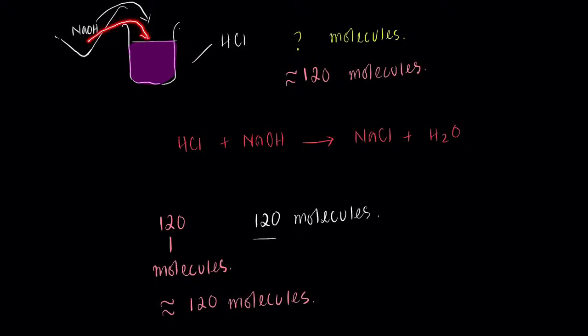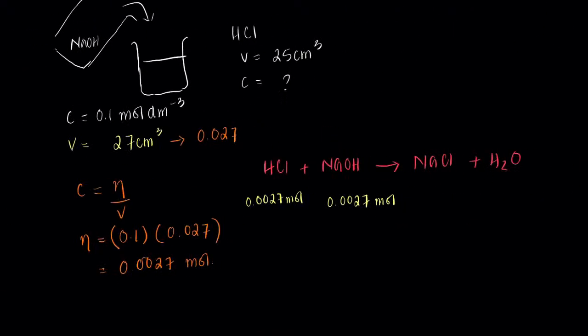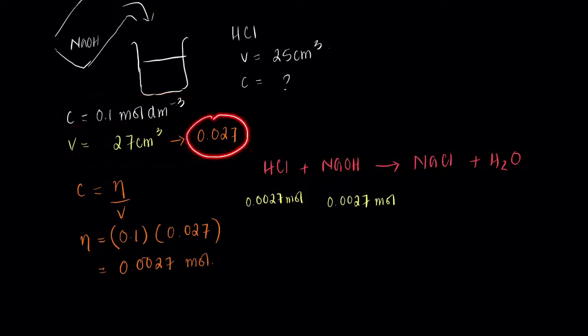I put exactly 120 molecules of NaOH in the solution, and at the 120th molecule, this turned pink. So if this was 120 molecules, this also has to be 120 molecules, or very close to it. Similarly, I don't know the moles of this initially because they gave me the concentration and the volume, but I figured out the moles.